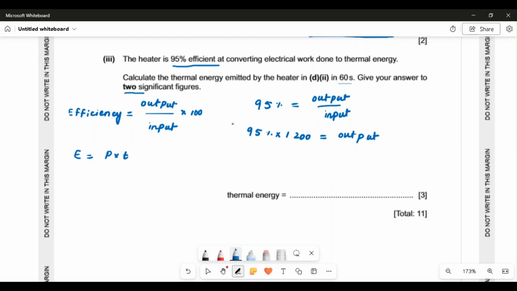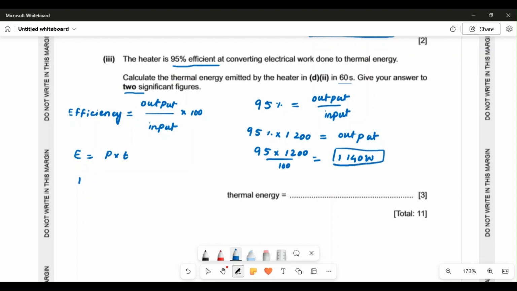It's 1,140. What I have done, 95 times 1,200 divided by 100, gives me 1,140 watt. This is my output power.